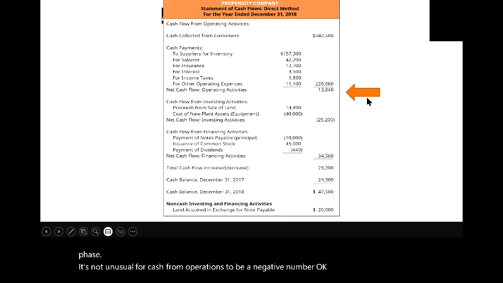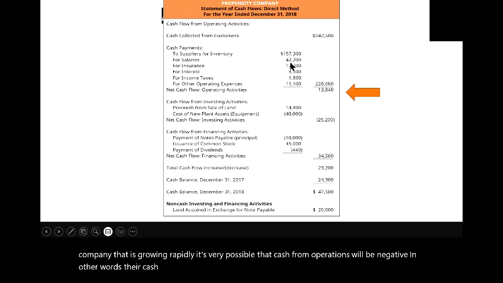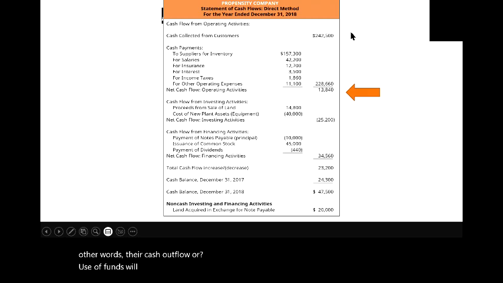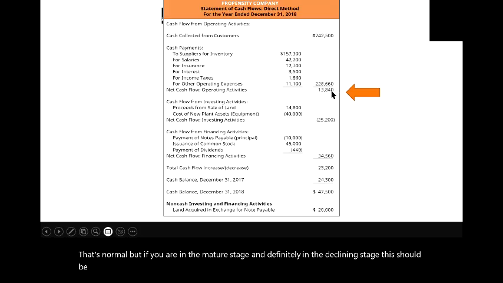So if you are looking at a company that is growing rapidly, it's very possible that cash from operations will be negative. In other words, their cash outflow or use of funds will be larger than their cash inflow or source of funds. That's normal. But if you are in the mature stage and definitely in the declining stage, this should be a positive number.